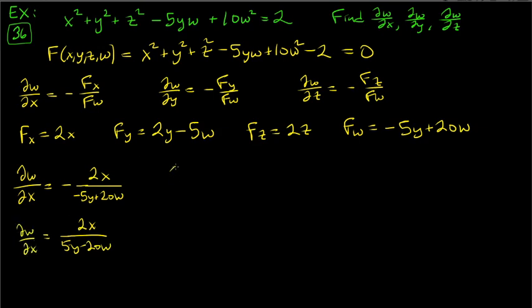Okay. So now partial of w with respect to y. So that's minus fy, so 2y minus 5w divided by fw, so negative 5y plus 20w. And we can simplify that a little bit by bringing the negative downstairs.